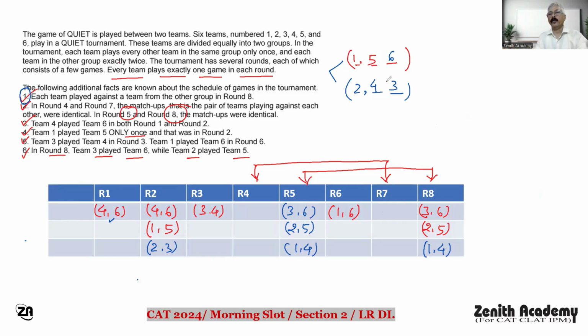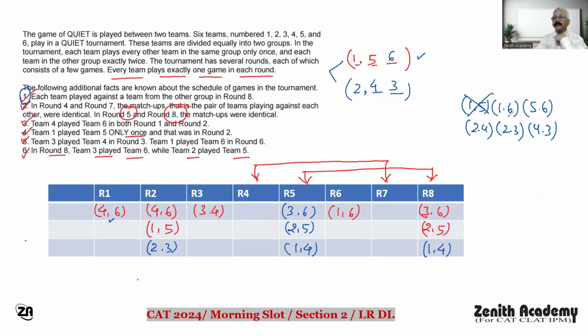And now see, in the same group, matches are 1 with 5, 1 with 6, and 5 with 6. And here in the same group, 2 with 4, 2 with 3, and 4 with 3. Is it okay? So the 1 and 5 match was already held in round 2, so cancel it.